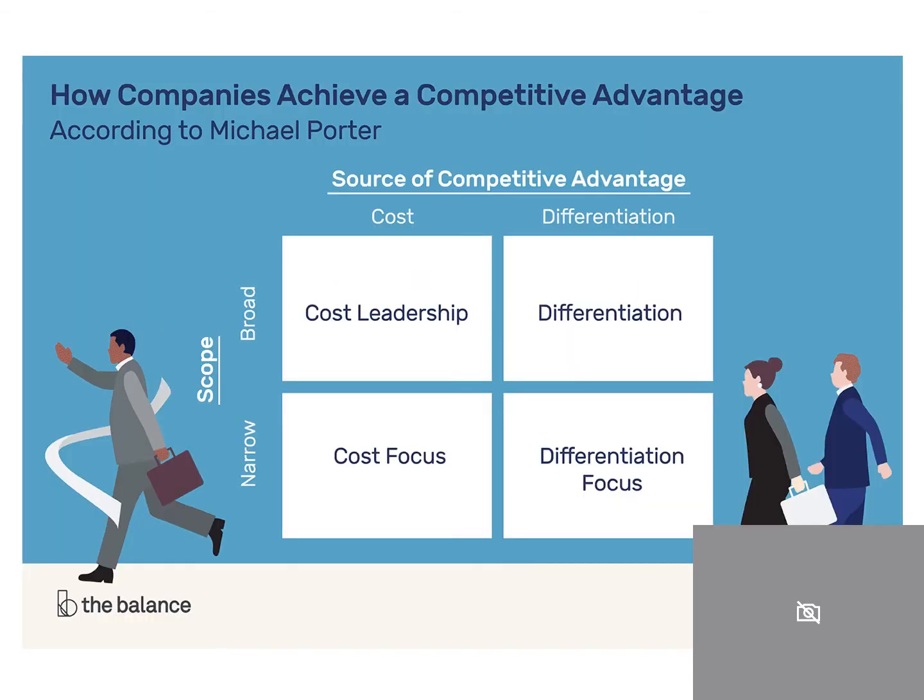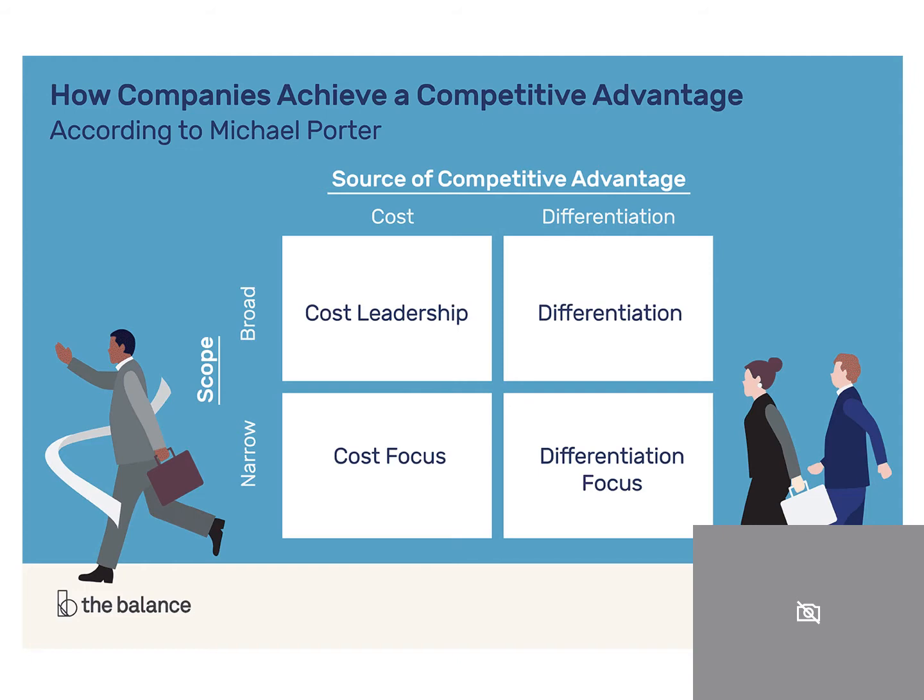As we discussed in class, Professor Michael Porter said that there are 4 ways for the company to achieve competitive advantage. So first of all, you need to think about whether your company is focusing on cost or differentiation. And then you're gonna serve a broad market or a narrow market. So if you bring those two axes together, it becomes a quadrant of 4 strategies.